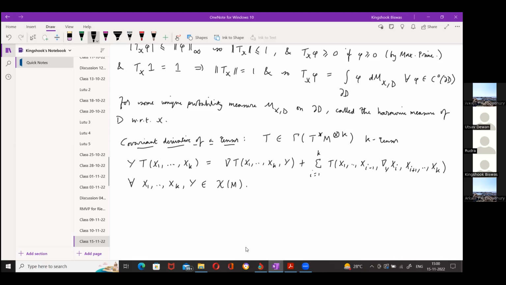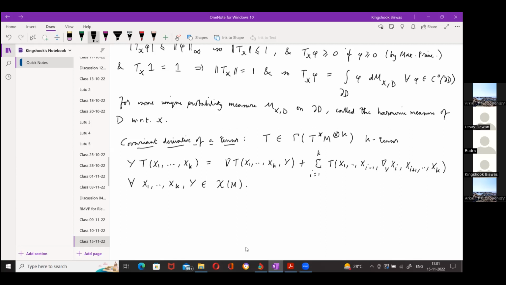I'm looking at T(x1, ..., xk) and then I'm differentiating it in the direction of the vector field Y. The idea is that this derivative of T acting on these k vector fields should be like a Leibniz rule: first you differentiate the tensor T with respect to Y. That is the first term, nabla T acting on x1 to xk and Y.